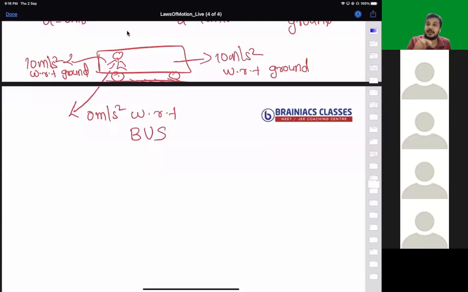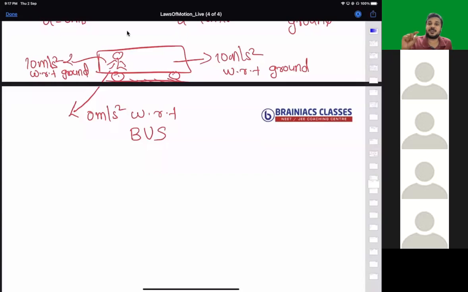For the box in our problem, the frame of reference is the truck, and the truck is moving in the forward direction. When the frame of reference moves, there is a force in the backward direction, and that force is called pseudo force. So pseudo force exists when the frame of reference is moving, as you might have seen in my video lectures.